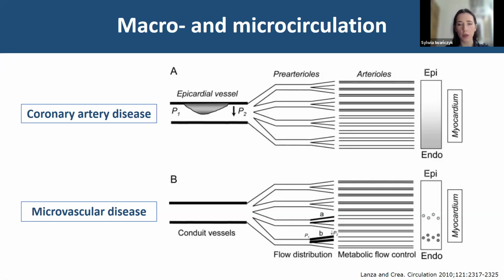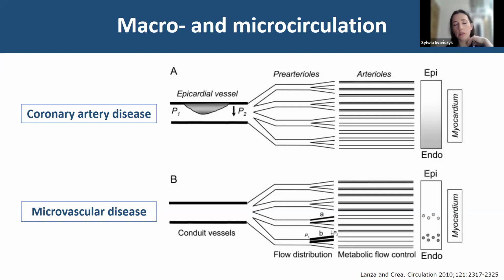the ischemia of the myocardium is also more diffused. In coronary artery disease, as you can see in this picture, when we have a coronary stenosis, the ischemia of the myocardium is rather global or segmental, so it's better.